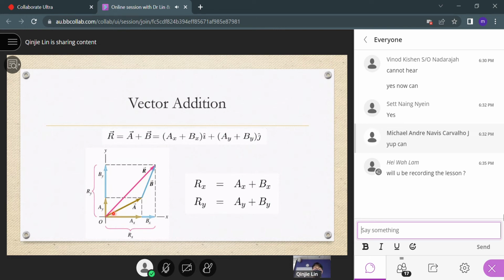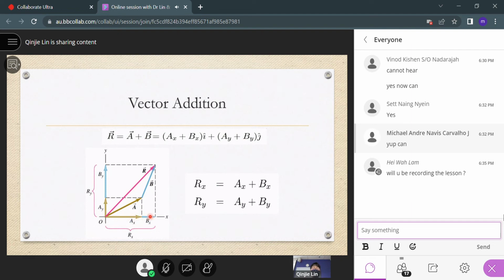So you have A and B, pointing in random directions. If you want to add them up mathematically, you need to resolve these two vectors into components that point in the same direction. So we resolve A into AX and AY. For B, we also resolve it into BX and BY. Now you see they each have a component pointing in the same direction, correct?